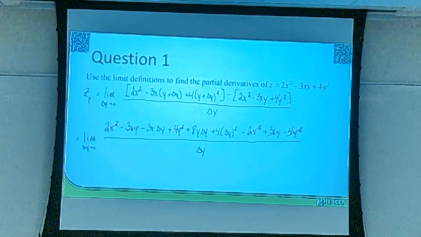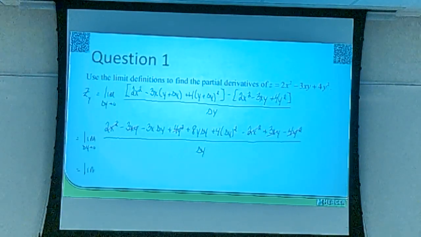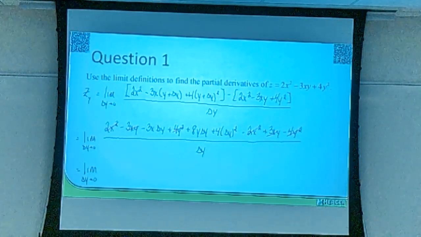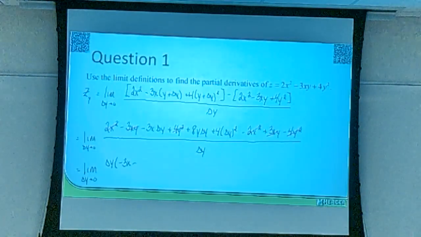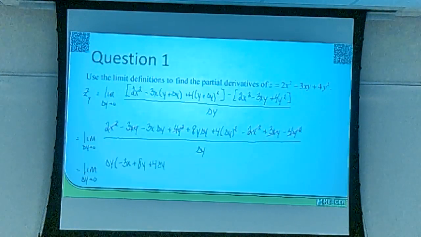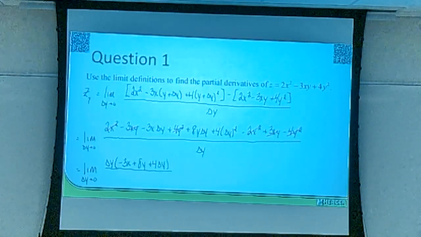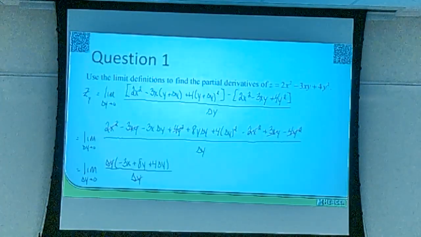Every term we're left with has a delta y. And what's the limit of what's left?